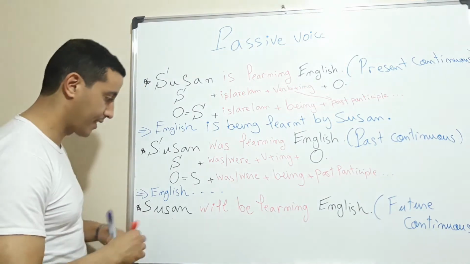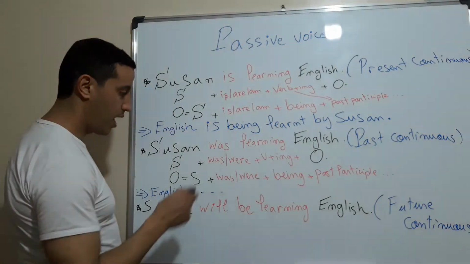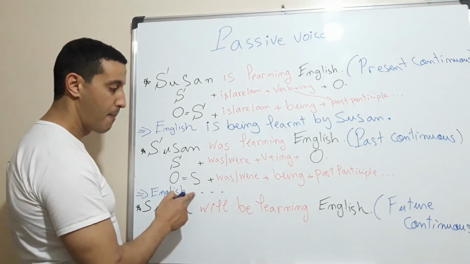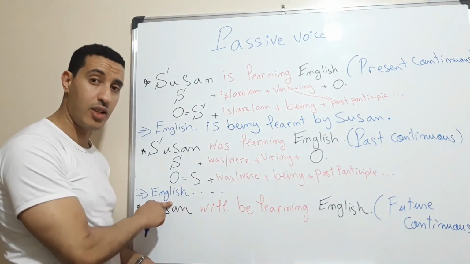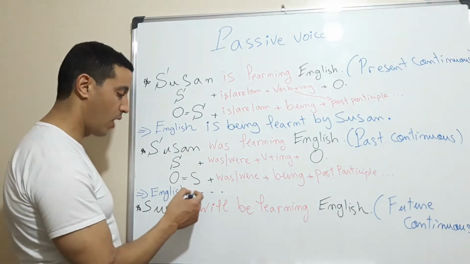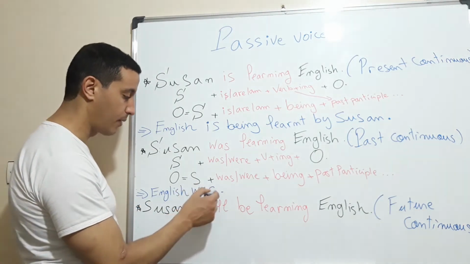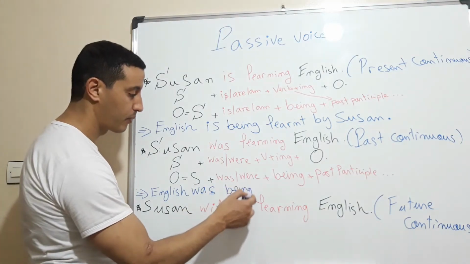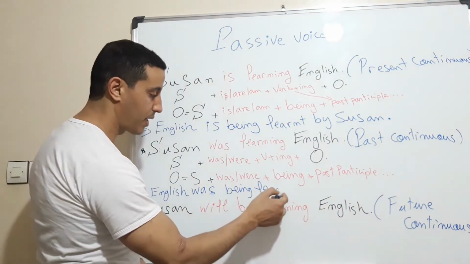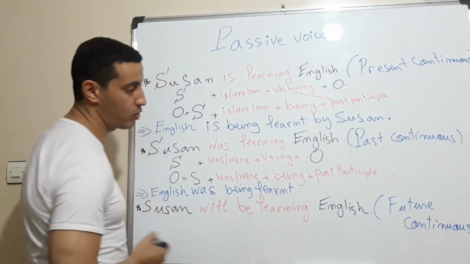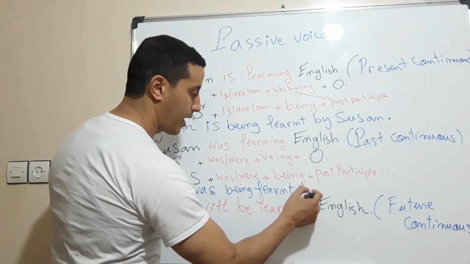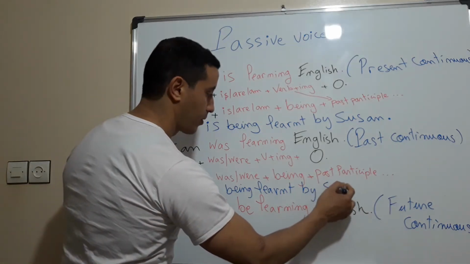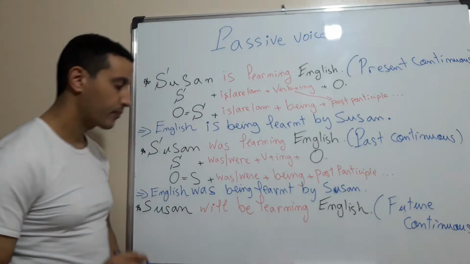So let's change the sentence. English, here we have the choice. Either we put was or we put were, but because here we have English and English is singular, we say was. So English was being learned. The past participle of learn is learned, learned by Susan.